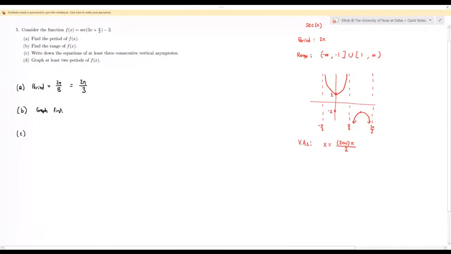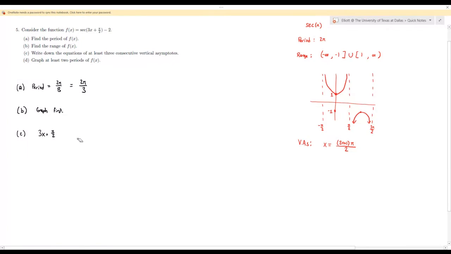I guess let's talk about the vertical asymptotes first, and then we'll try to graph it, okay? So for the vertical asymptotes, I'll do kind of similar to what I did with the tangent function earlier. To get the vertical asymptotes, you take whatever is inside your function. So in this case, inside of our secant, we have 3x plus pi over 2.